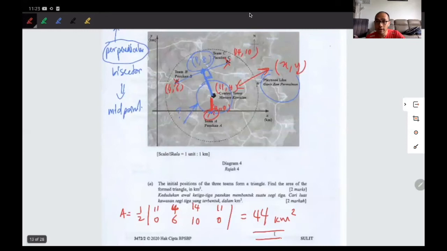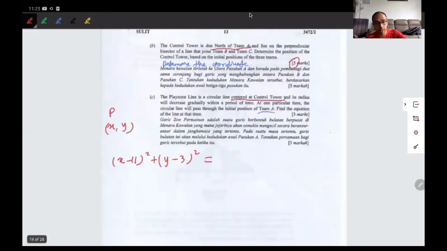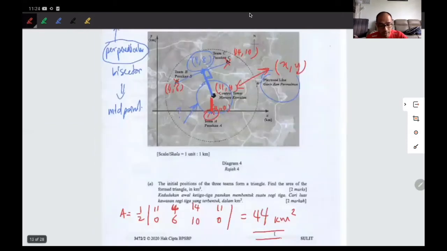And how do we find this distance? That's the radius. So 11 minus 11 squared plus 3 minus 0 squared, which is actually just 3, if you think about it. Since we know that y is 3, therefore the radius over this one is 3.